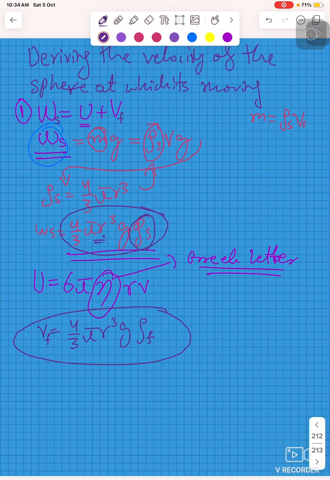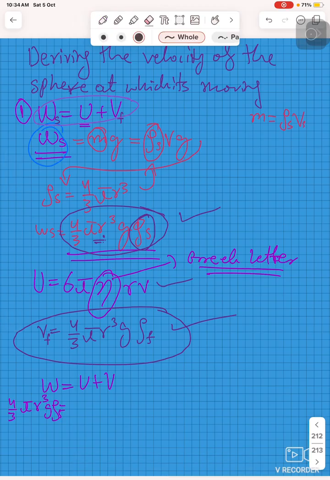Okay, now we have upthrust, we have weight, we have viscous force. We can put these all in this equation to get W equals U plus V. W is 4/3 pi r cubed g, density of the sphere, equal to the upthrust, the same as the force we have as usual, on the sphere.